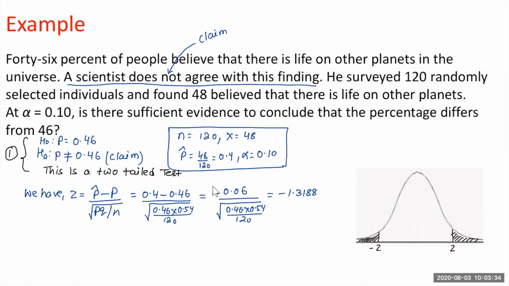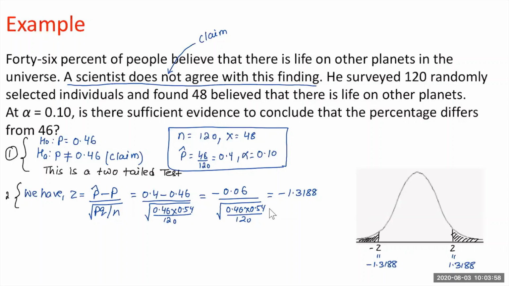So this value is negative 1.3188. And this value over here is 1.3188, because one value will be negative, the other one will be positive. Negative on the left and positive on the right. So that's our Z value, or the test statistic.